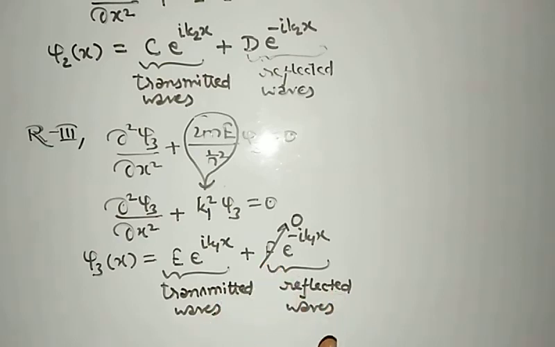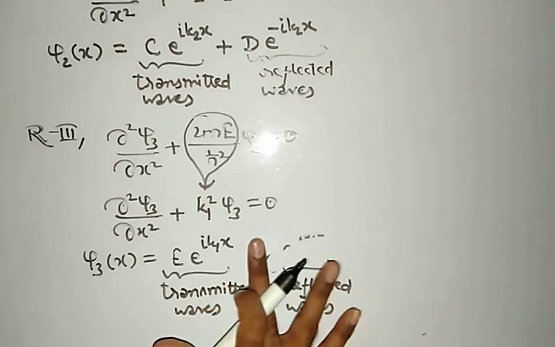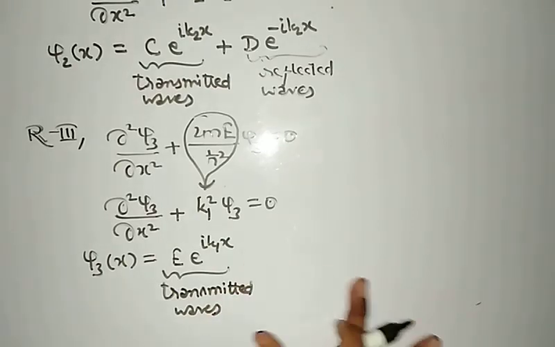It means that for the third region the equation will have only this part, so this is of no need, we can erase this one. Okay, so this is what we have: psi 1, psi 2 and psi 3.